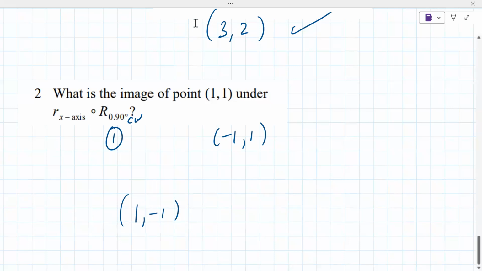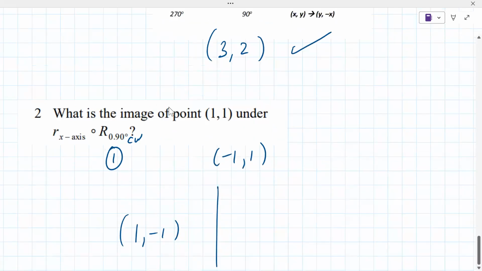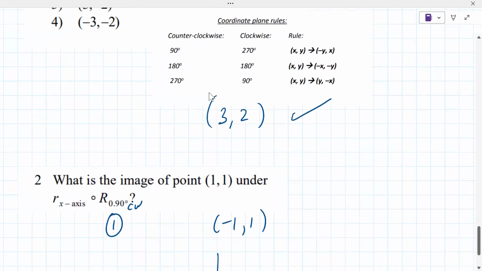And then the x-axis only affects the x value. So it looks like maybe, I'm not sure. Did you do the 90 degree first? Did you get one negative one for that? Yeah. Okay.